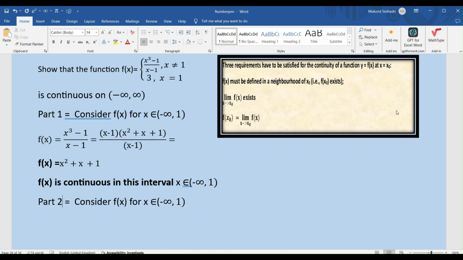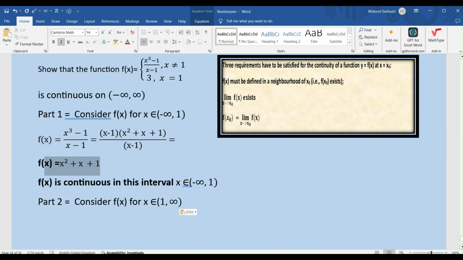We will have to consider the interval 1 to infinity now, right? Which is x greater than 1. It does not include 1, but is up to infinity. It belongs to the set of real numbers, not including 1 but greater than 1, and that is what we are going to work this out for.